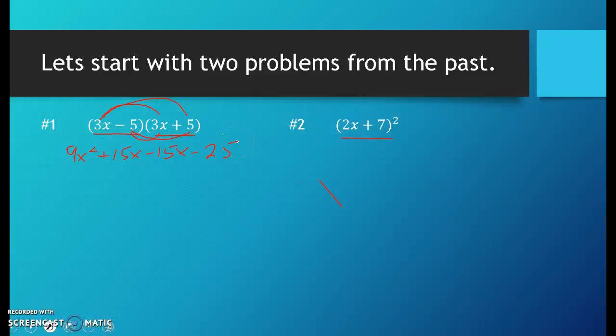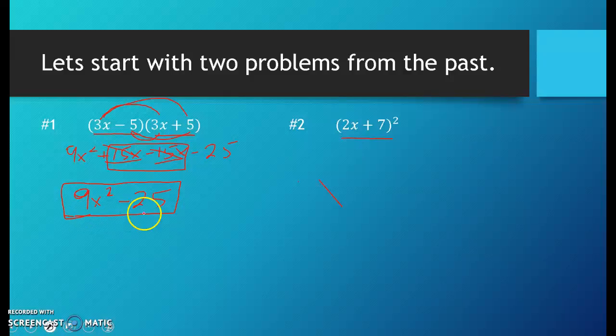So when I combine like terms, I have my 9x squared, and the positive 15x and negative 15x, those cancel each other out. So then I have minus the 25, and you can see that the middle terms cancel each other out, and I don't have a middle term in my answer. It's just 9x squared minus 25.